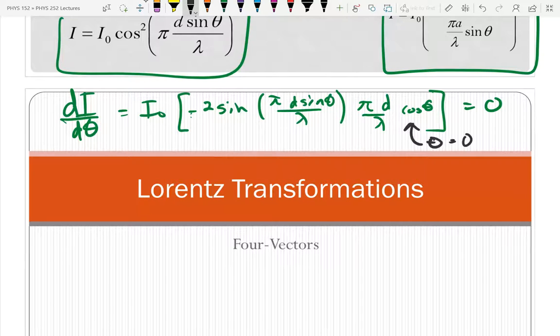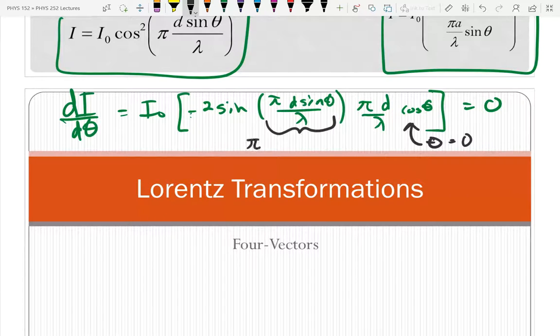Or we're going to have this thing here equals 0. Or, oh wait, yeah, no, the cosine I was wrong. You were right. Equals 0 or pi or etc. So equals some integer times pi.